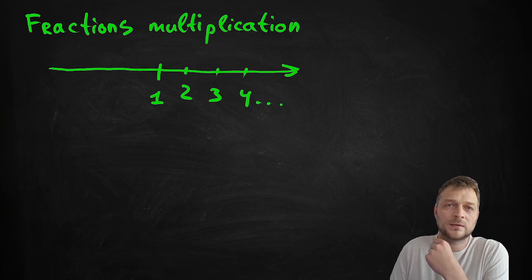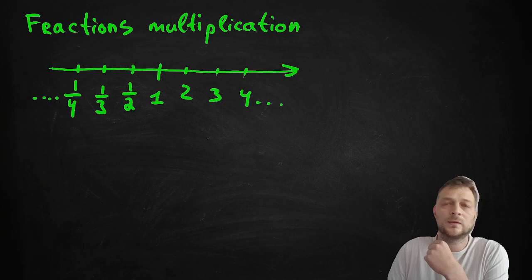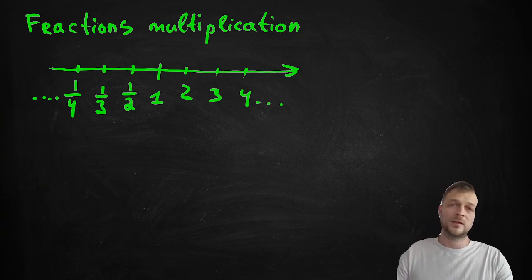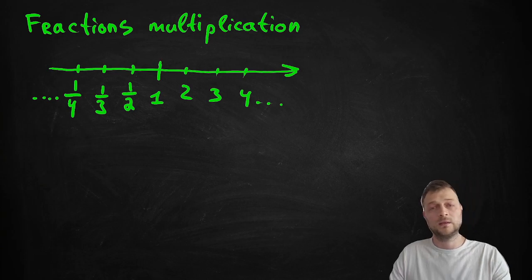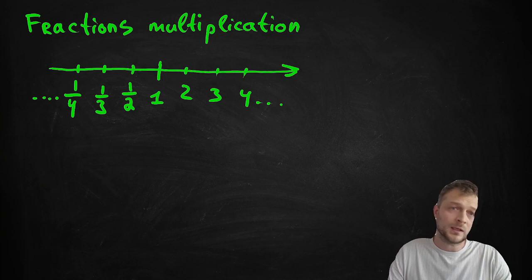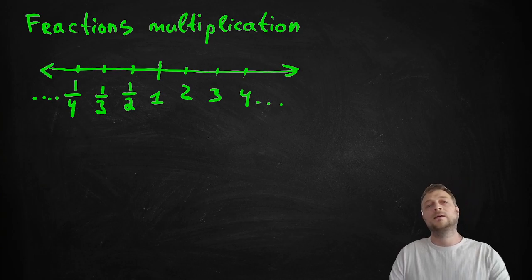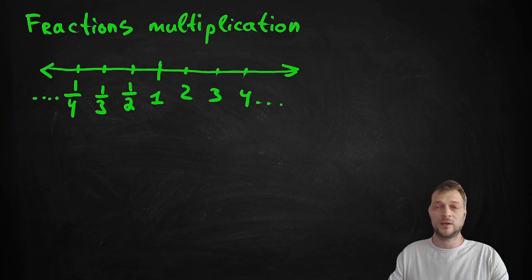On the other side I will put 1/2, then 1/3, then 1/4, and so on. The reason I put them this way and not the way we see them in a standard situation is that this image corresponds better to the algebraic structure.